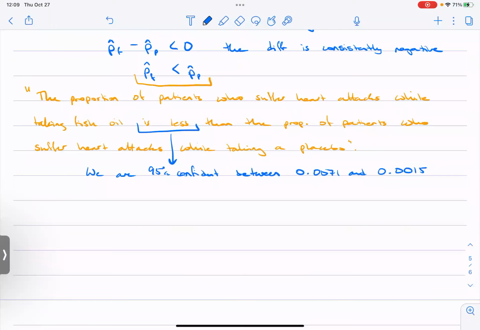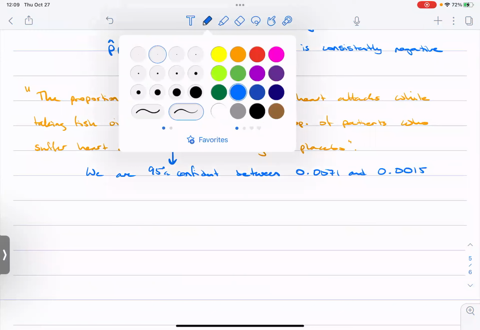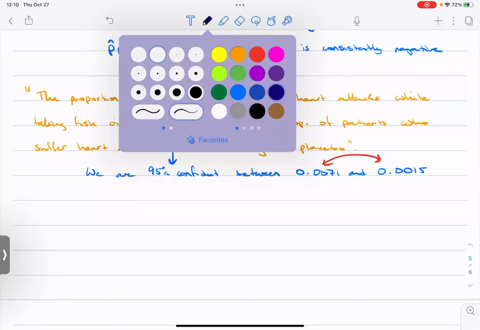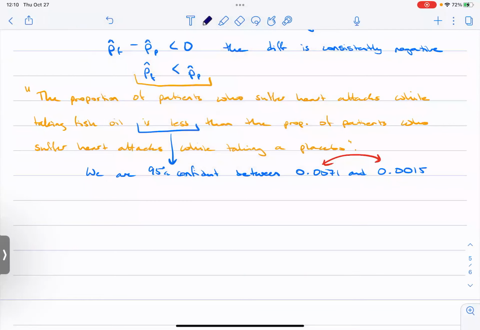I guess they would be reversed now that they're positive. Right, you always want to make sure you do them in the right order. Okay.